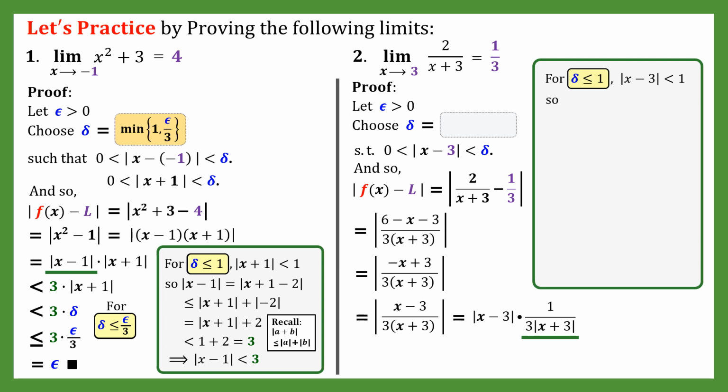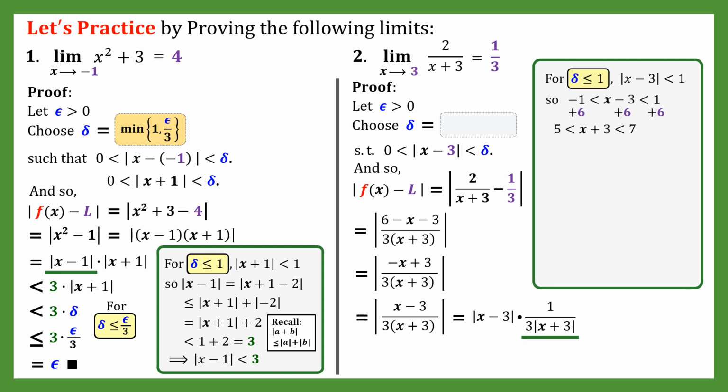So, by definition, this means x minus 3 is greater than negative 1 and less than 1. Now, if we add 6 to each term, we get that x plus 3 is greater than 5 and less than 7.